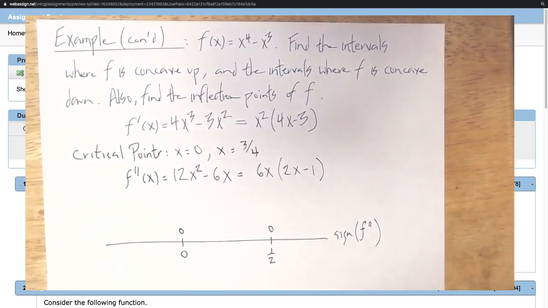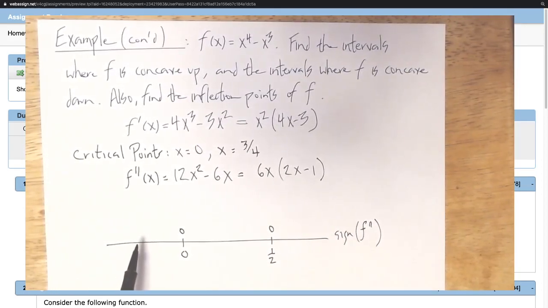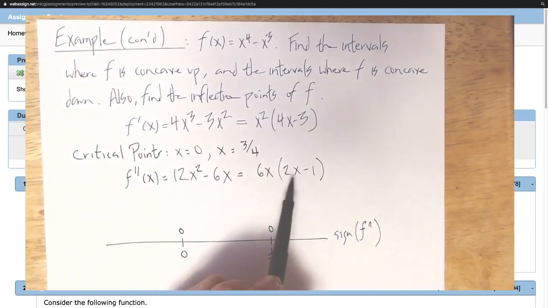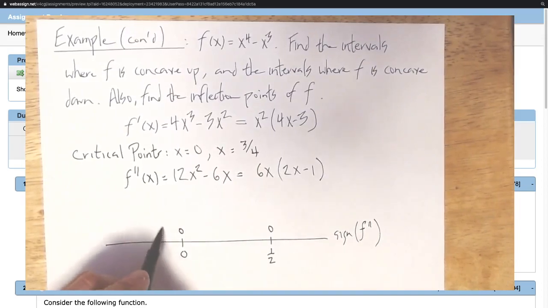And once you've got those, you can just use test points in each interval to figure out what the sign of the second derivative is. So for this left-hand interval to the left of 0, use a test point of -1. If x is -1, I'd have negative times negative, and so that's going to be positive.